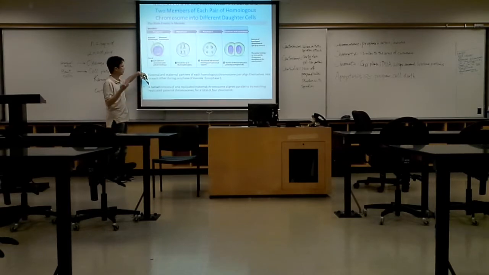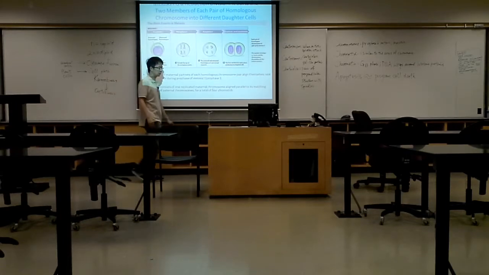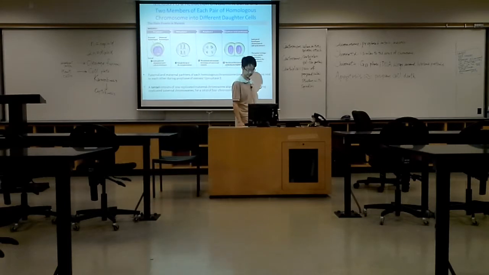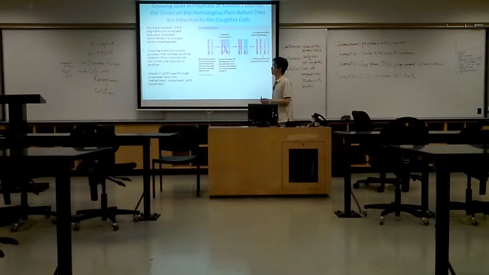Because we have 4 chromatids, 2 from the father and 2 from the mother. So why is this so important? Because they'll do something called crossover. So remember, one is from your father, one is from your mother. So the paternal homolog and maternal homolog form a tetrad. You see that 4 chromatids line up together.